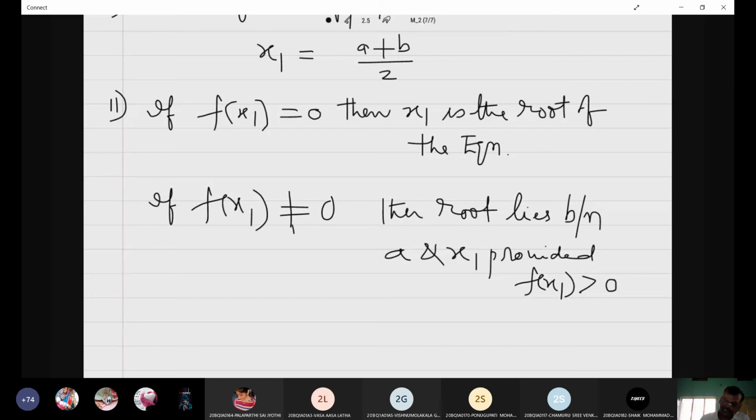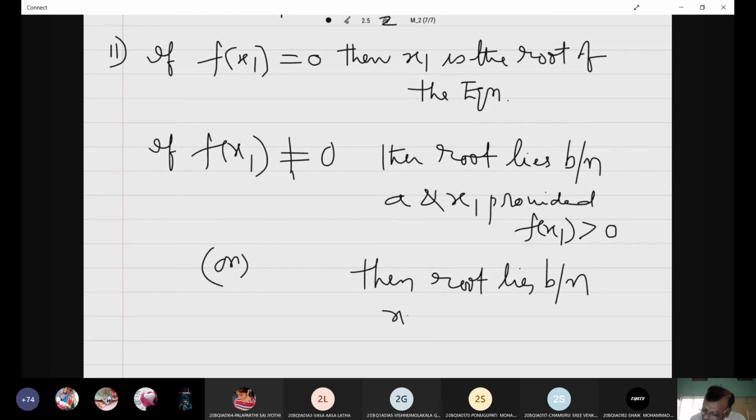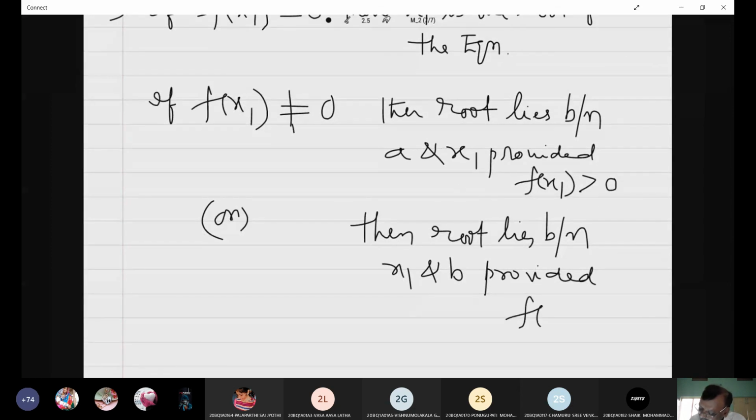Or if it is less than 0, then the root lies between x1 and b, provided f of x1 is less than 0. If less than 0, it lies between these; if greater than 0, it lies between those.